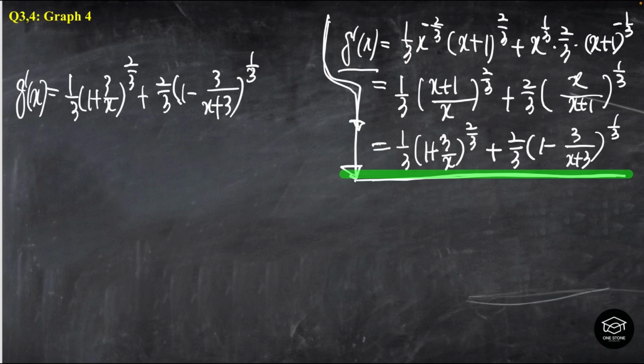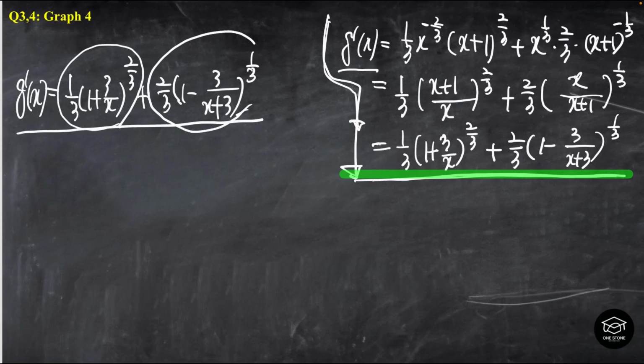To summarize the expression once more, g prime of x has two main parts. The first term is 1/3 times the quantity 1 plus 3 over x, all raised to the 2/3 power.